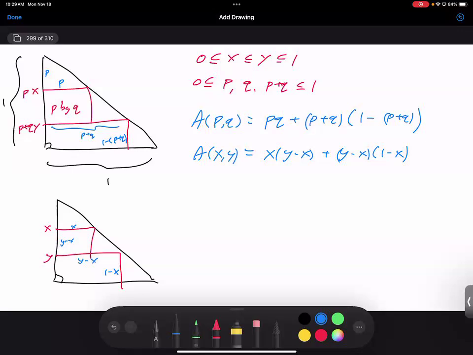Are we confident that we have A of xy correct? x times y minus x. Then because it's a right triangle, that would be y minus x. Oh no, it's not 1 minus x, it's 1 minus y at the end, isn't it? That's 1 minus y, correct?